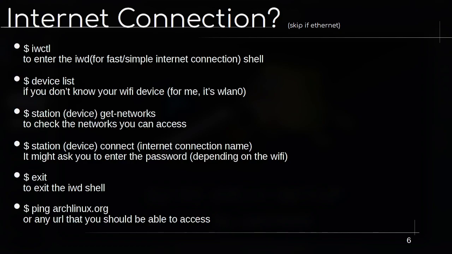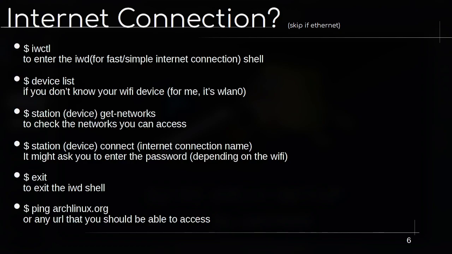I put device there, but you're supposed to put the actual device, with no brackets or anything. If I was doing that, I'd put station wlan0 get-networks. So you can check all the networks that are detected that you can connect to, and you should know which one you want to connect to, but maybe you do not know how you're gonna type it. So this is what this is for.